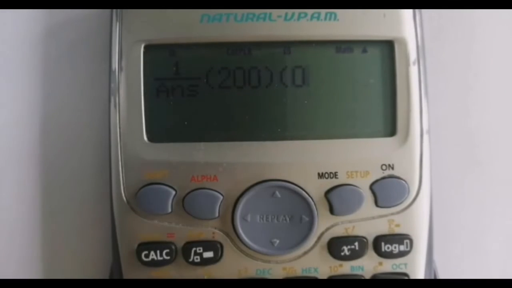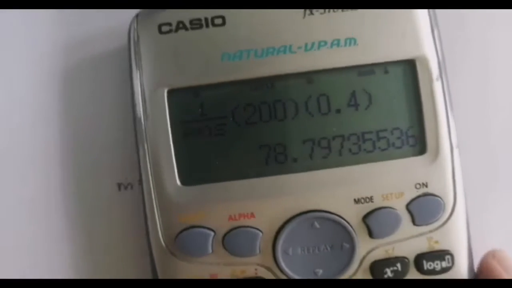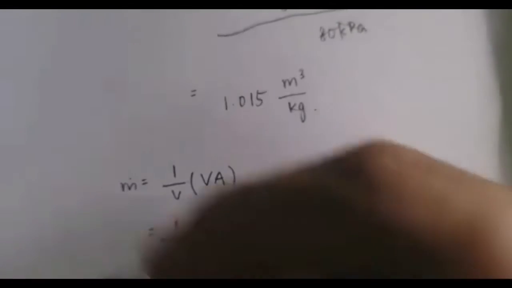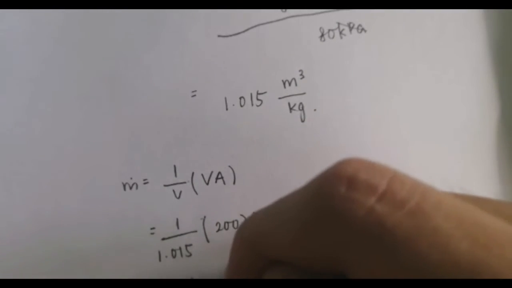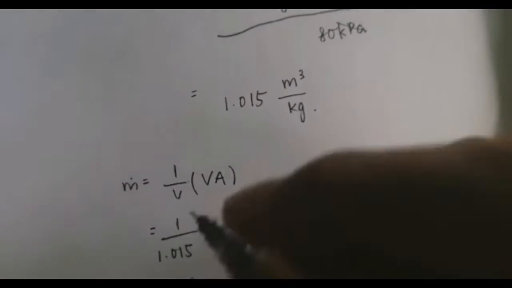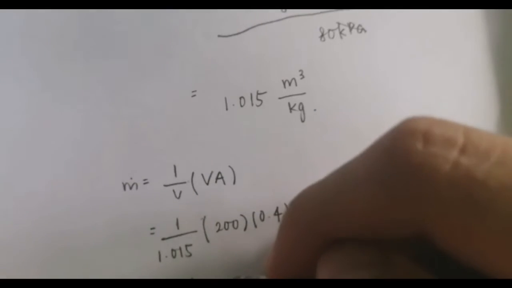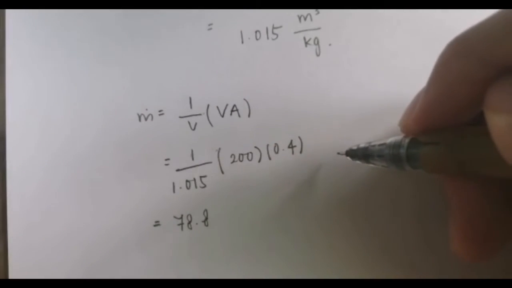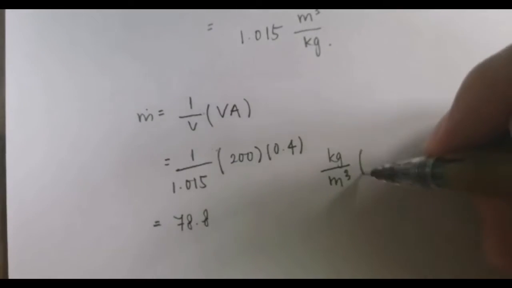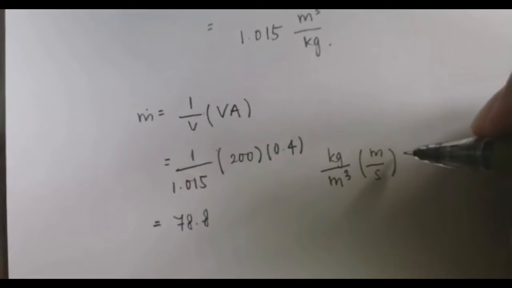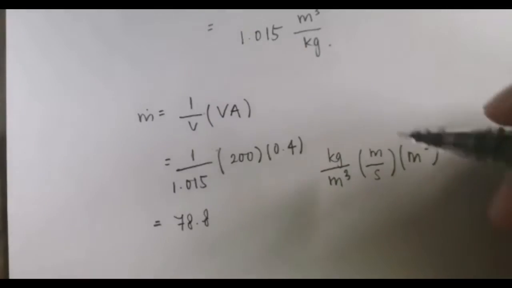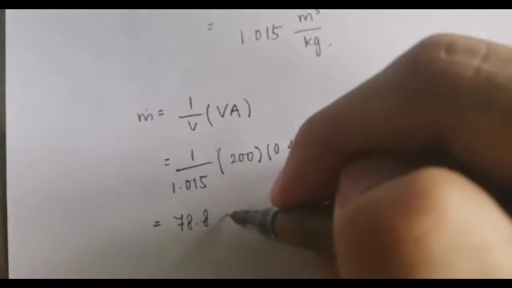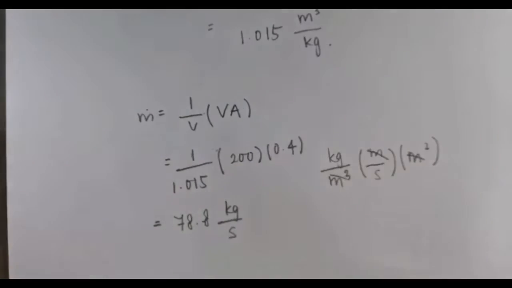We get 78.8. If you're not sure about the answer, we can check with the unit. 1 over specific volume, which is kilogram per meter cubed, multiplied by meter per second, multiplied by meter squared, and simplifying the unit, we get kilogram per second again.